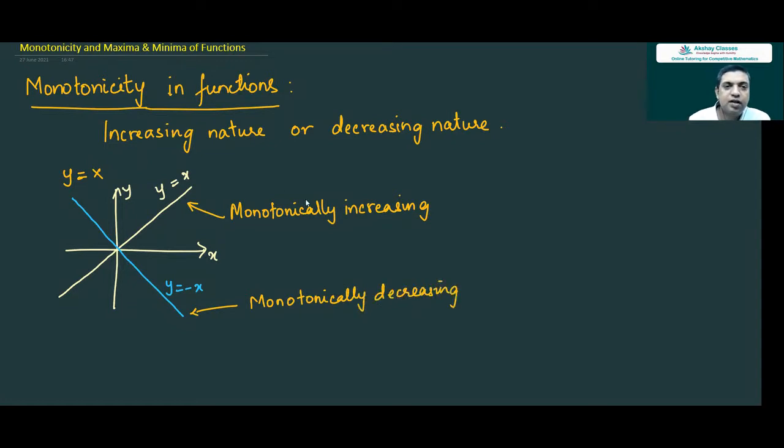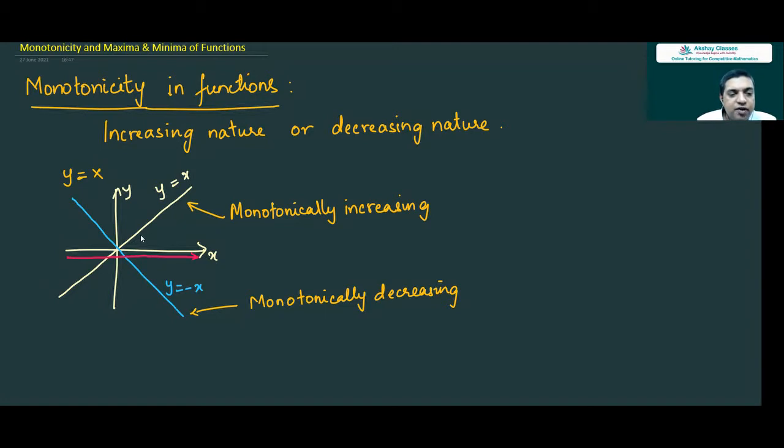Now, this has a bearing on maxima and minima. It's very important. Now, increasing and decreasing nature, very important, is as we move from left to right on the x-axis. When we are moving from left to right, that means we are moving towards increasing values of x on the x-axis.